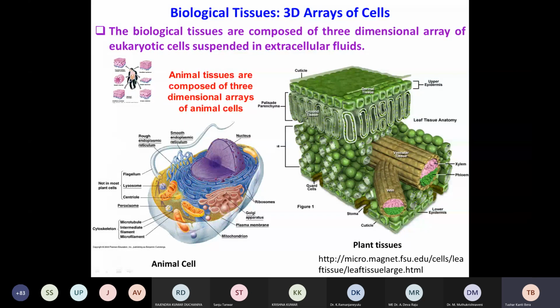And depending on the organ, the tissue structure and tissue property will be different. So heart tissue is different from other muscle tissue, and the muscle of the eye will be different from the muscle of the kidney. That type of information should be noted.